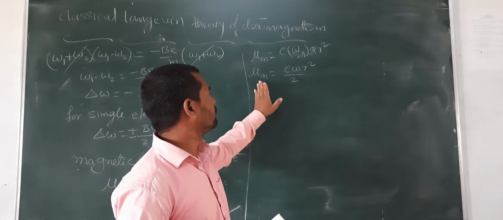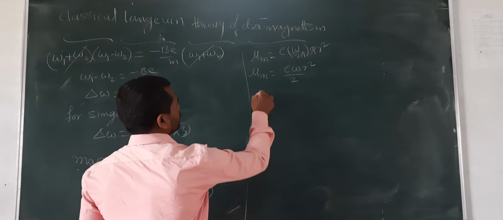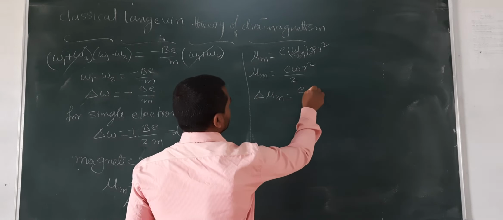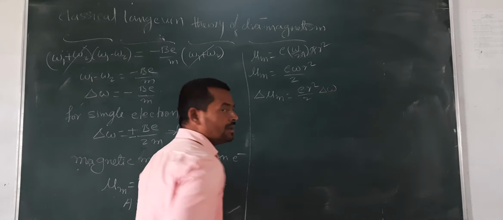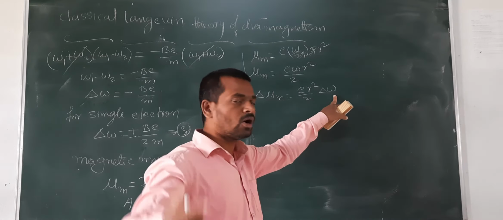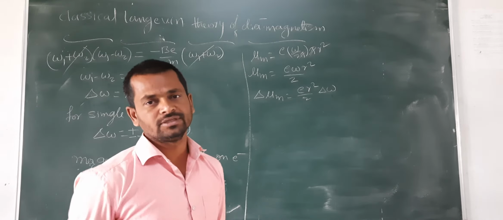So I am differentiating both sides: delta mu m is equal to e r square by 2 delta omega. When delta omega changes, delta mu also changes. That is the meaning of this.